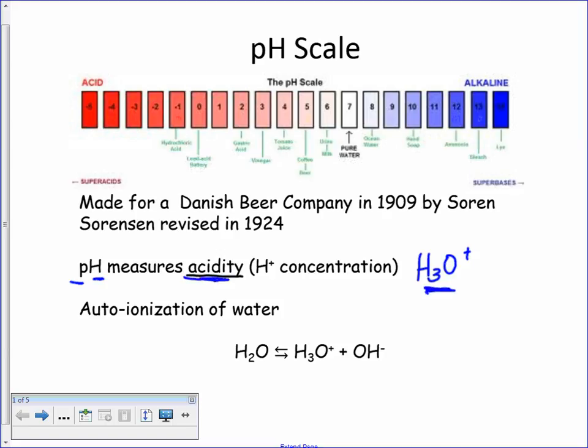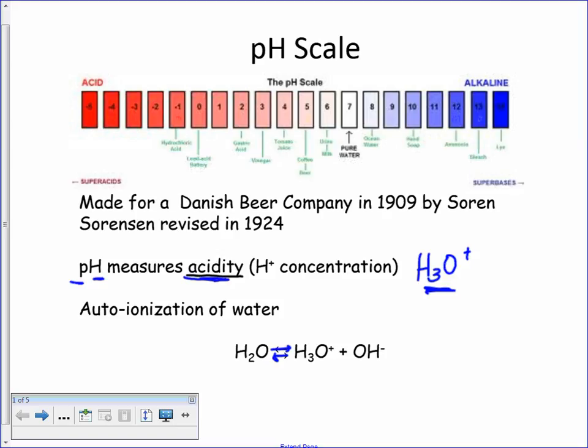Acids produce hydronium. Now the scale has a lot to do with something called the autoionization of water. And that's the equation that's listed below here. Remember, these arrows are reversed. But water, in and of itself, forms hydronium and hydroxide ion. And next unit, we're going to talk a little bit more about the autoionization of water and something that's called the KW, or the equilibrium constant for water.